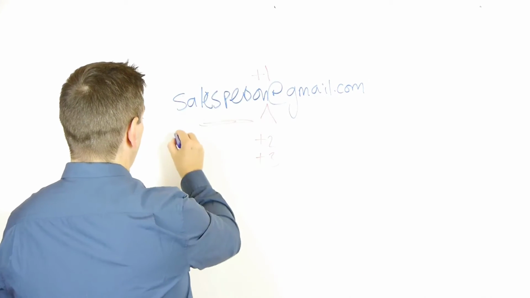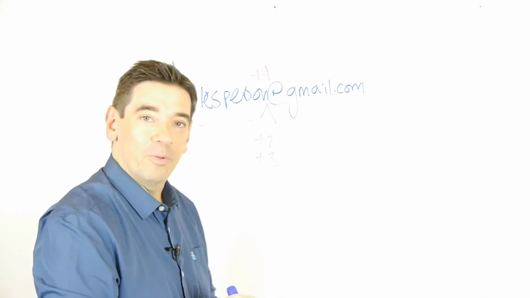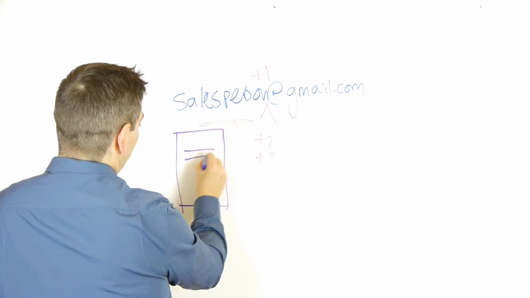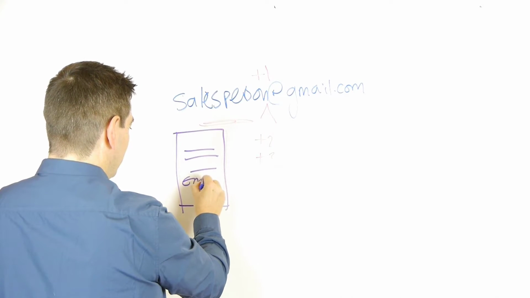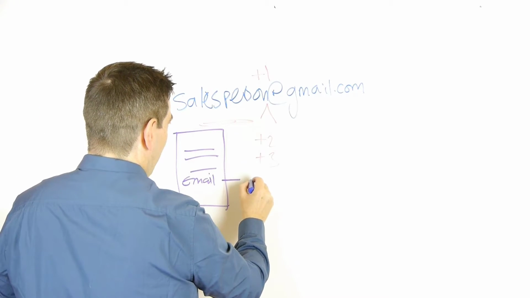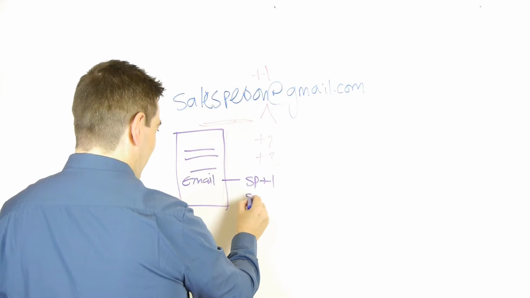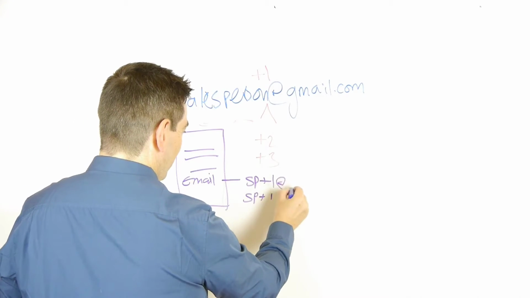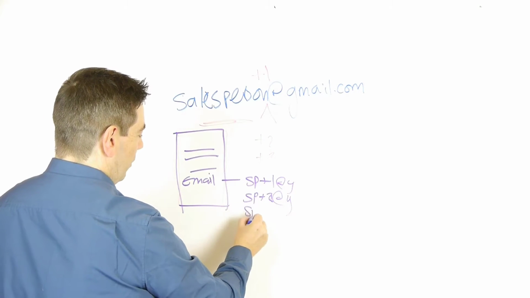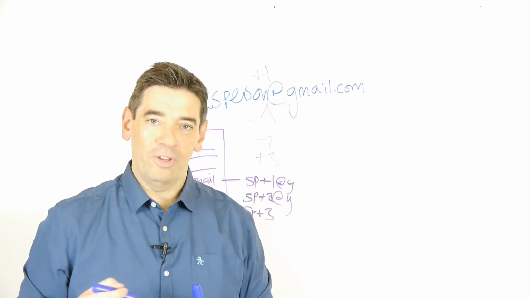All you do is, when you opt in to your list on your form where you're putting your email in, you'd put SP+1, then if you wanted to test it again, SP+2, then SP+3, and each time you use one of those, Infusionsoft treats it as a new record.